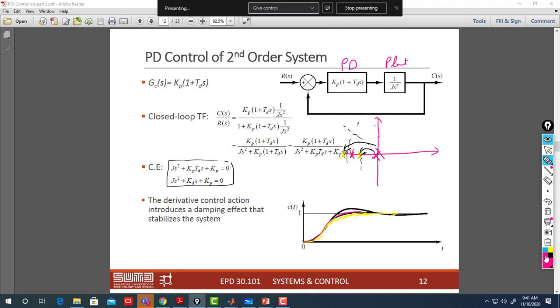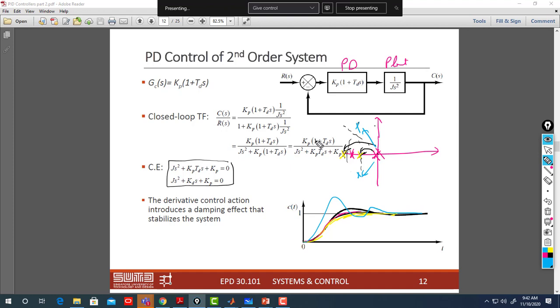Or maybe you wish to have poles in here, so then you need to shift these two poles from here to here, so you make your system go this way. So you are the designer, you can choose P and D that move the system from unstable behavior to stable behavior.